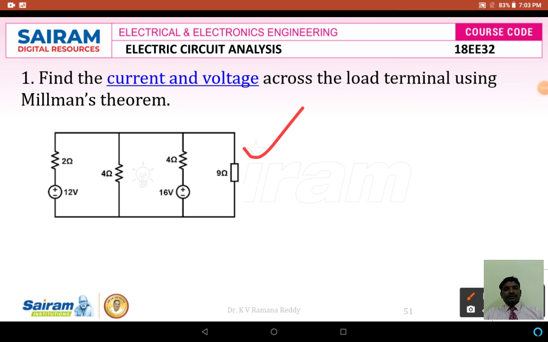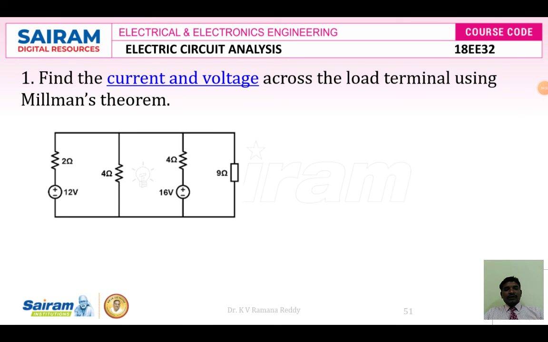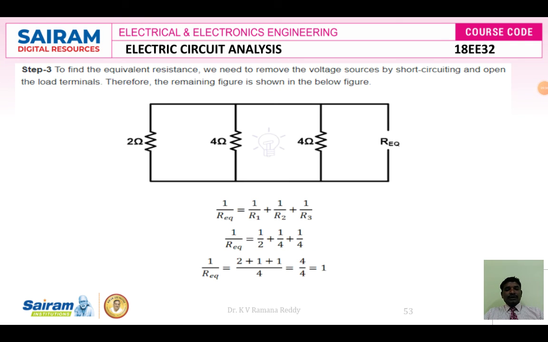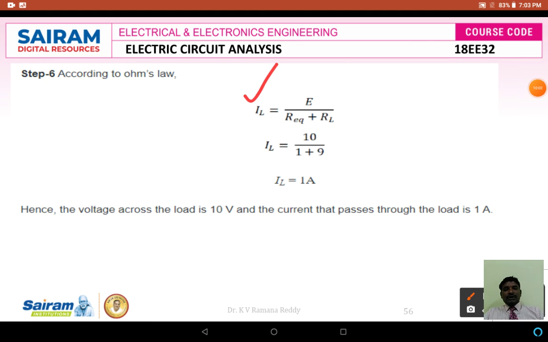If I substitute all the data, what is the current? They asked to find the current flowing through the 9 ohm resistor and the voltage across it. The load current IL is equal to E divided by R equivalent plus RL. E is 10, R equivalent is 1 and RL is 9. 10 by 10, so IL is equal to 1 ampere.